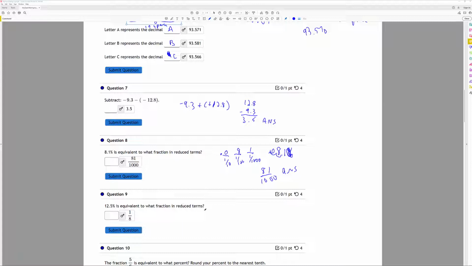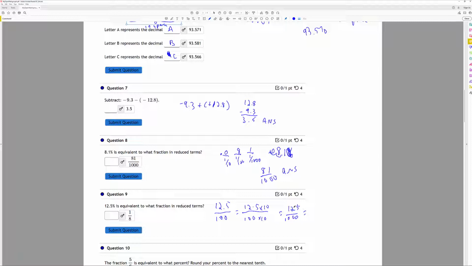This one here, I'll have 12.5% as a fraction. I would have 12.5 over 100. And I can clear the decimal, multiplying both the numerator and the denominator by 10. So I have 125 over 1,000. And I simplify that fraction.